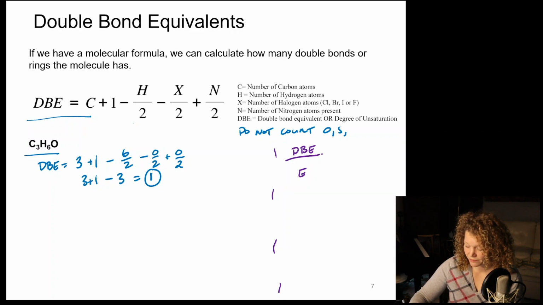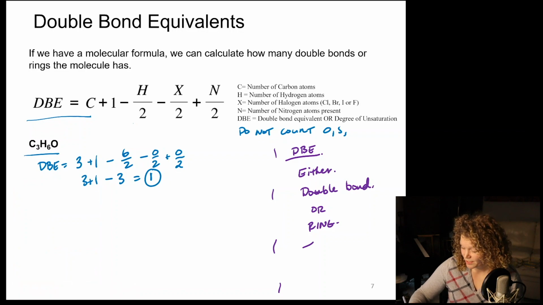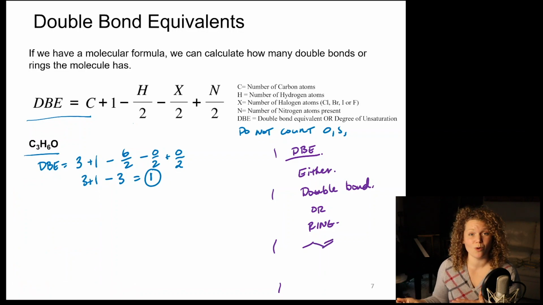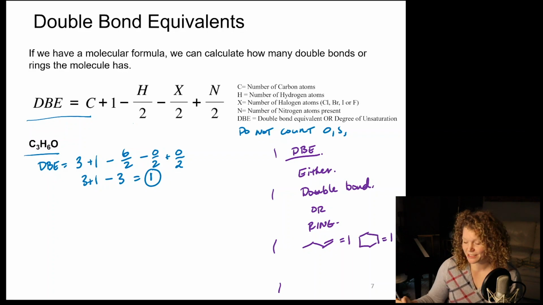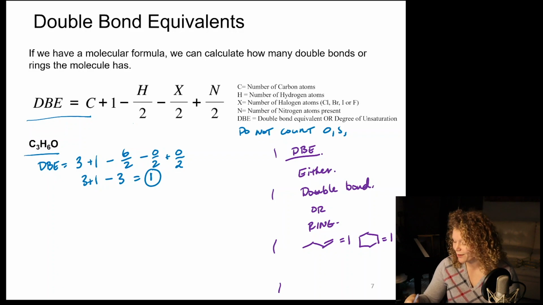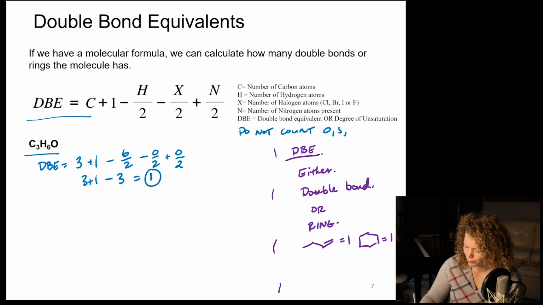This helps us a lot. So double bond equivalent is either a double bond or it's a ring. So for example, if we have a structure with one alkene, this would have a DBE of 1. If I have a ring, this would have a DBE of 1. And you can count your carbons and hydrogens and see if that's true.